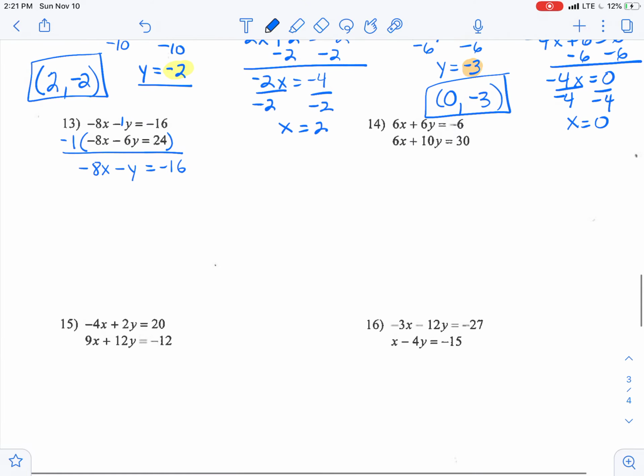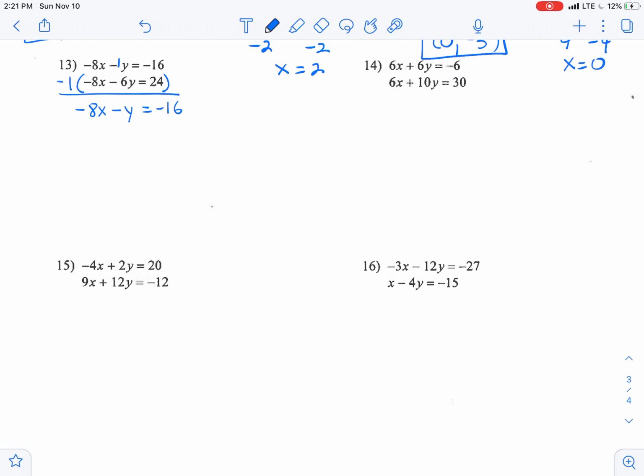Okay? So when I multiply that by a -1, I get 8x. When I multiply this, I get positive 6y. And when I take a -1 times 24, I get a -24. Okay? So again, that's what I mean by the number is the same. I just need the sign changed.